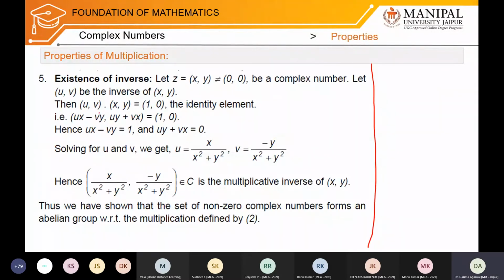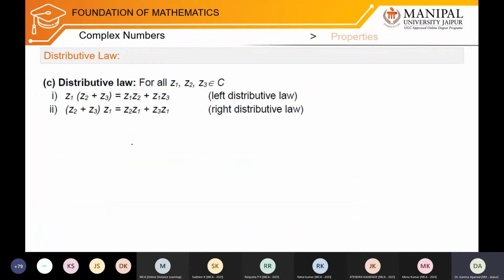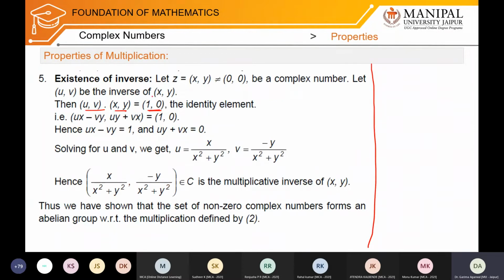Then inverse, what will be the inverse? Let's say (u, v) is the inverse of (x, y), right? So the multiplication should be equal to (1, 0). So let's multiply these two numbers, we'll get this term, which should be equal to (1, 0). The first value will be equal to 1 and the second value will be equal to 0.